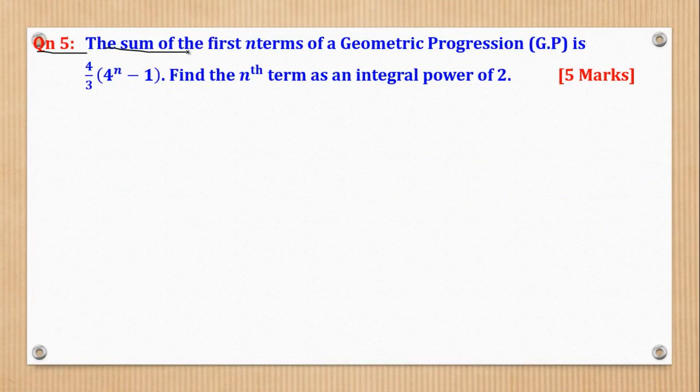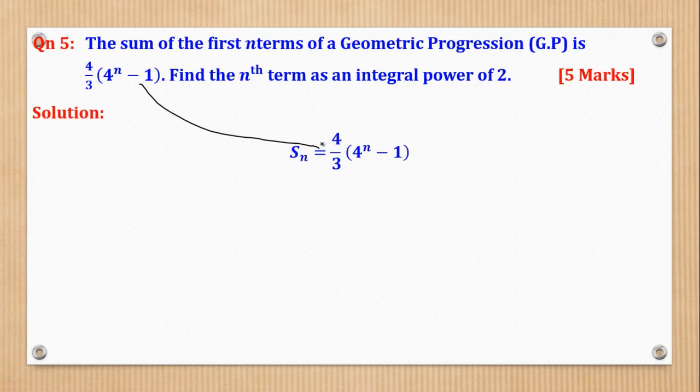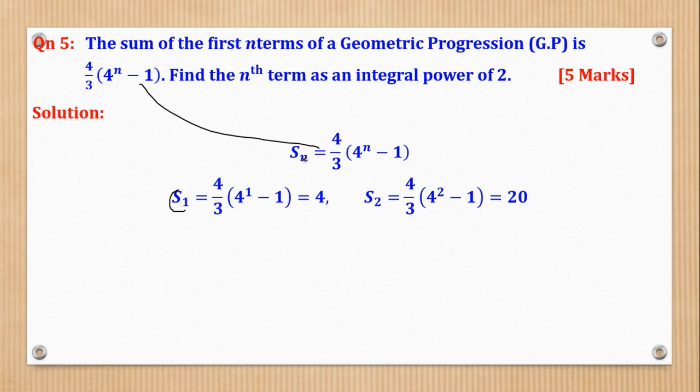Then question 5 says the sum of the first n terms of a geometric progression is this. Find the nth term as an integral power of 2. So this is the expression for the sum of the first n terms. For the sum of the first term, you replace where there is n, you put 1, to give you 4 as the first term.